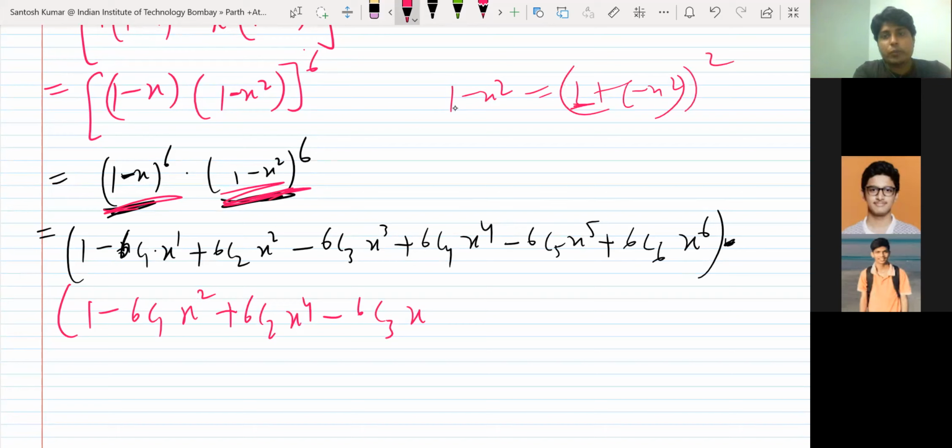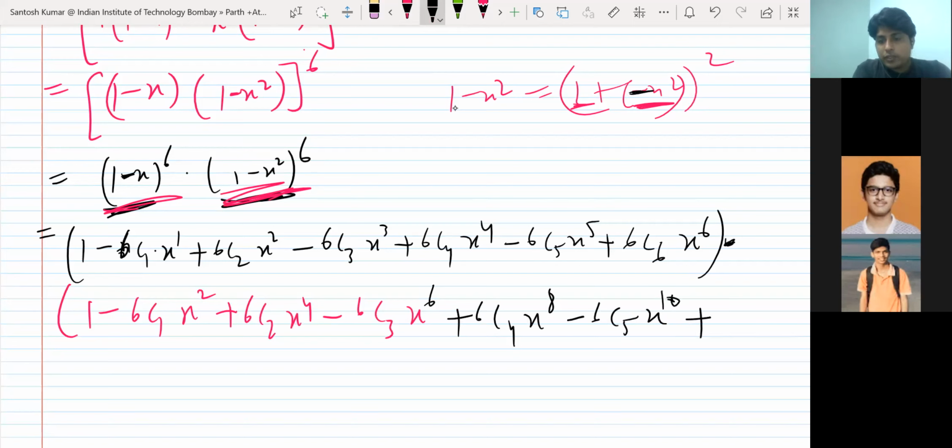So in place of a we have 1, in place of b we have minus x square. So this minus will make the terms alternate in sign. x raised to power 6, plus 6C4, x raised to power 8, minus 6C5, x raised to power 10, and plus 6C6, x raised to power 12. This is the expansion of the second term.